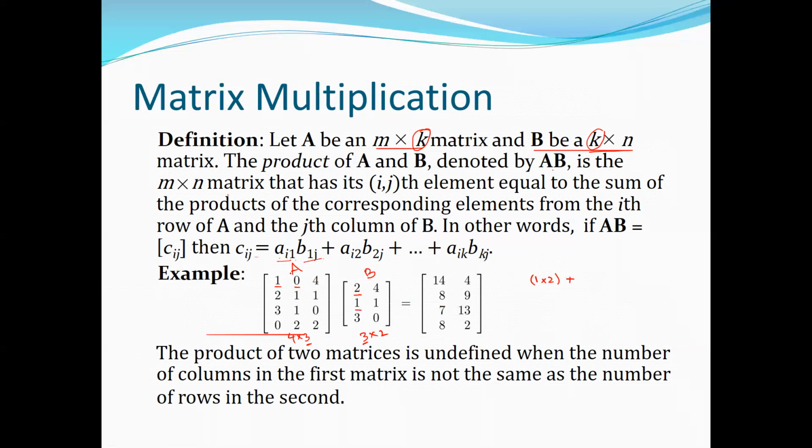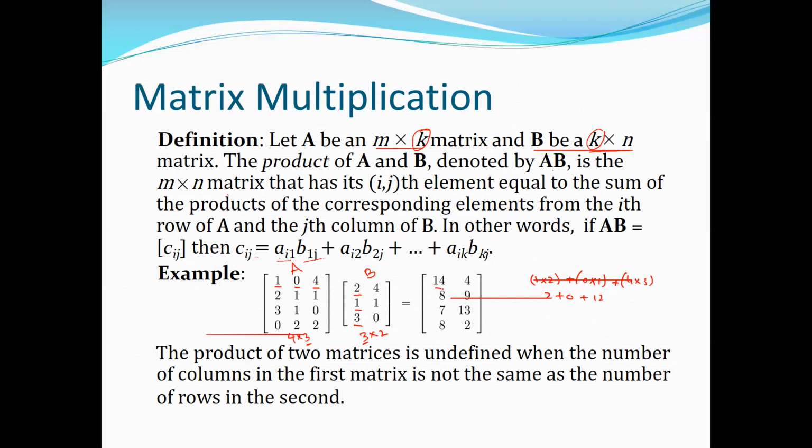That is this one, right? So 0 multiplied by 1. Plus the third element, that is A13, will be multiplied by B31. That is this one. So 4 is multiplied by 3. So this is 1 into 2 is 2, plus 0 into 1 is 0, plus 4 into 3 is 12. So that is 12 plus 0 plus 2, that is 14.